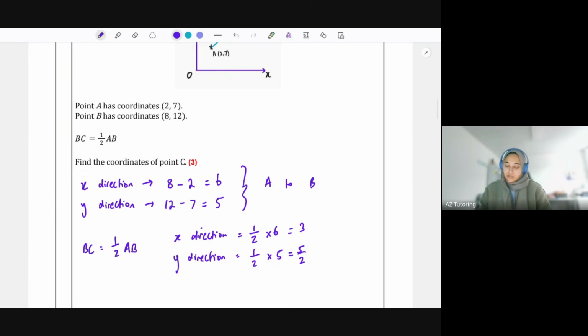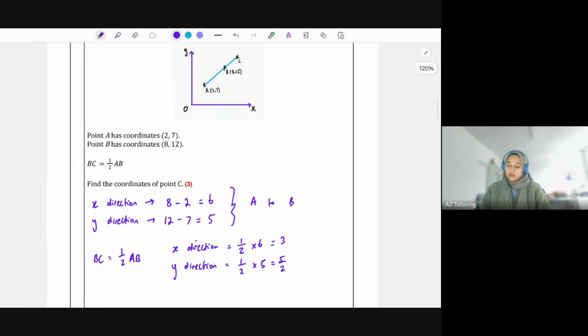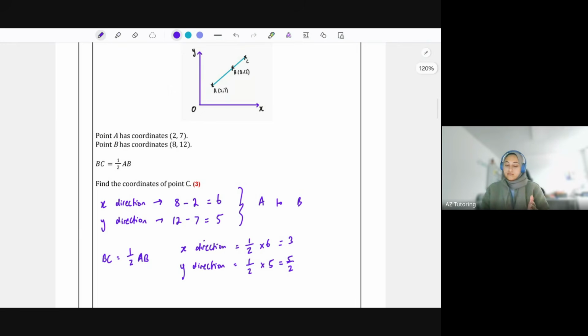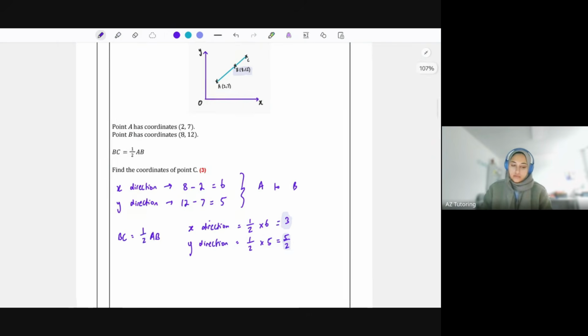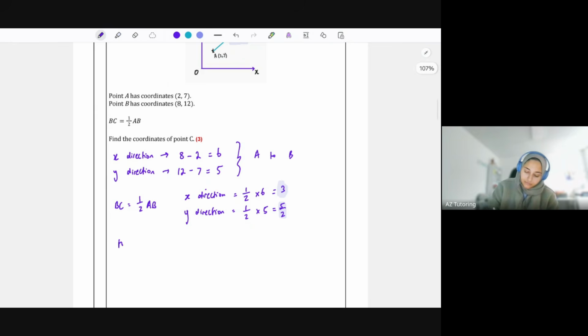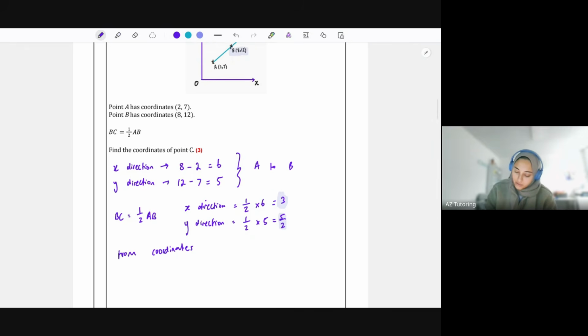Okay, so now that we know how far C is from B in terms of the X and Y, all I need to do is add these to this coordinate here to find the coordinates of C. B was 8, 12.